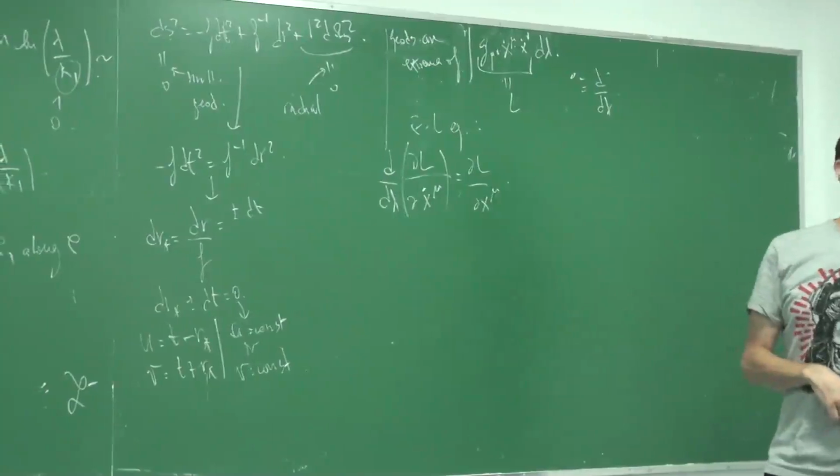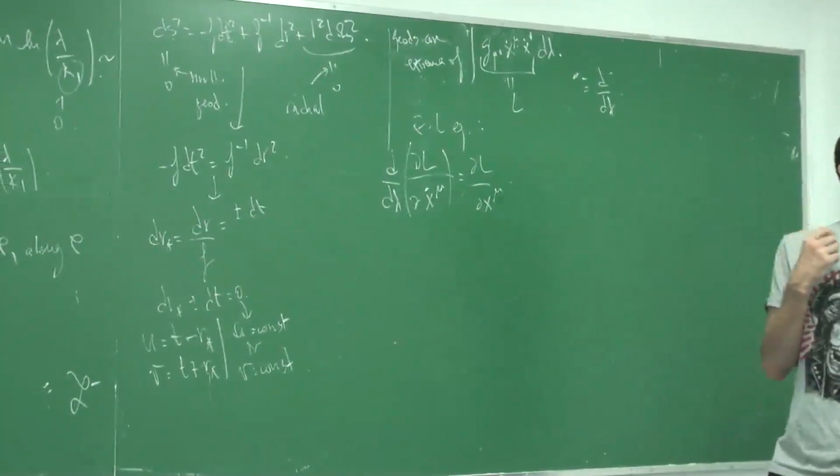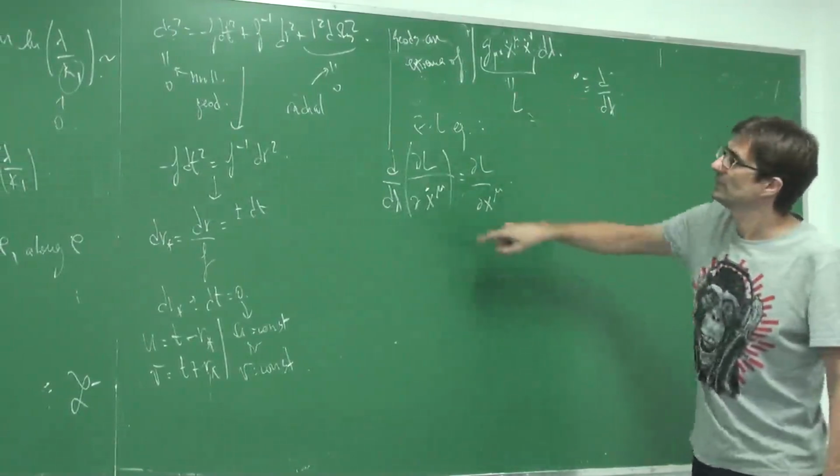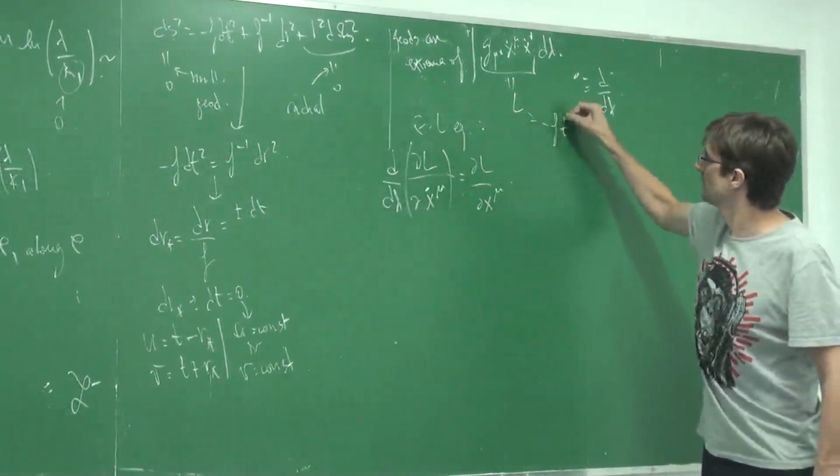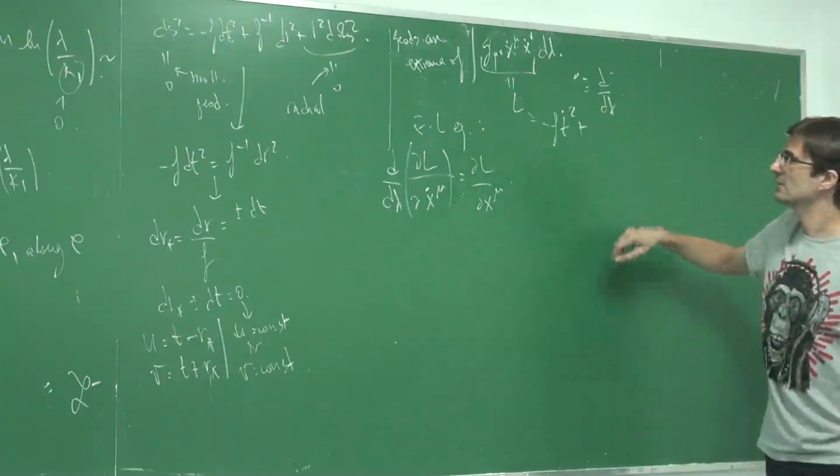So the Lagrangian is just the metric with dots instead of differentials.